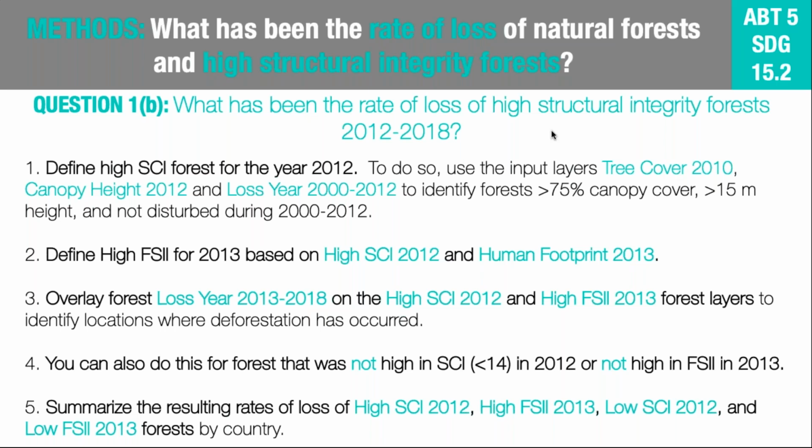I know we're covering a lot here, but hopefully by having more time to look over the slides, you can be sure to get the steps in mind to be able to replicate the analysis.